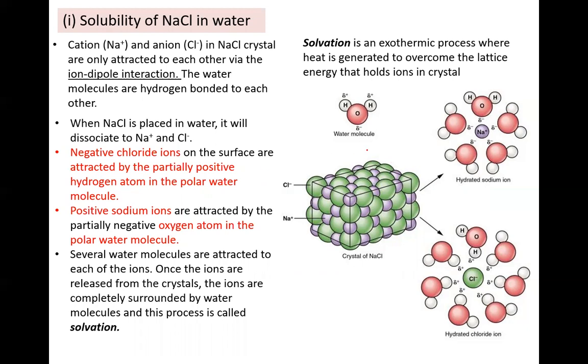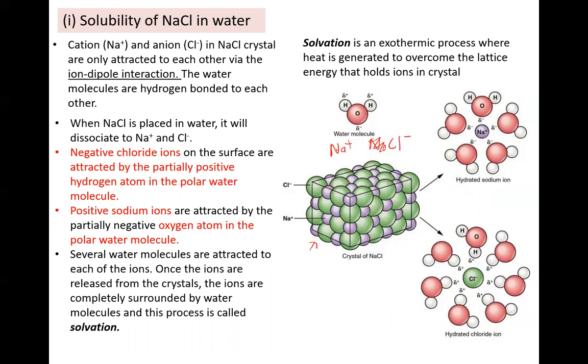We can see the figure at the right side. This is crystal NaCl, meaning it is in solid form. When you put this NaCl in water, it will dissociate into Na+ and Cl-.